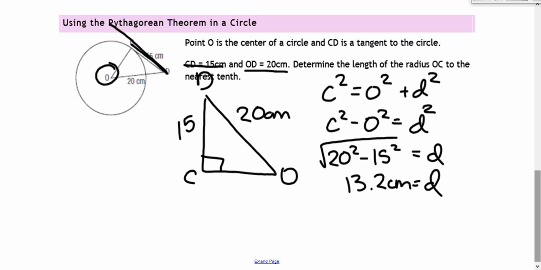I sure did. Done. Again, it's recognizing the tangent line to create the right angle triangle that we're so comfortable dealing with.